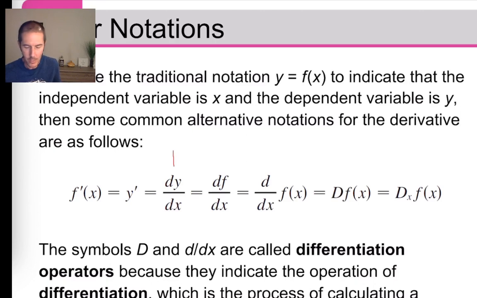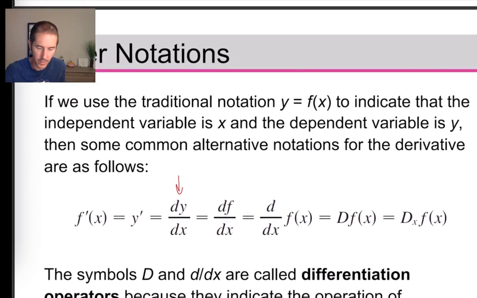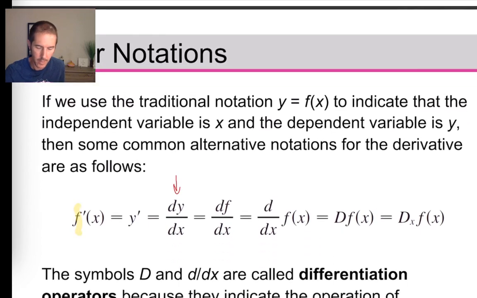And then we see dy over dx. This is really a lowercase delta y over lowercase delta x. And remember that delta represents change. Back here where we said that f and y were kind of interchangeable, now we're seeing that as y and f being interchangeable.